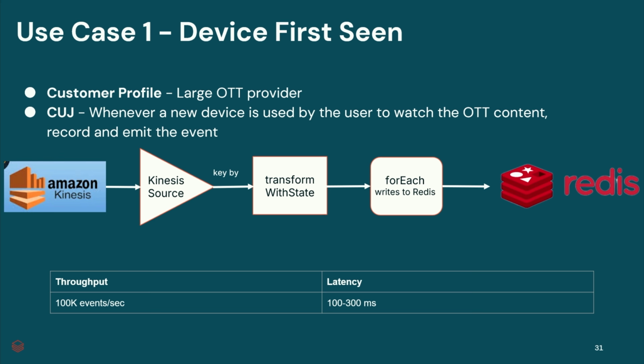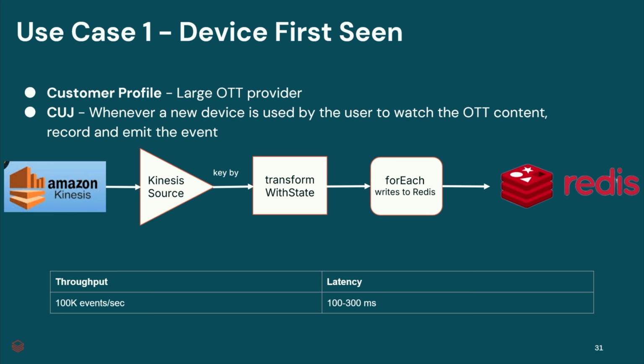The first use case is by an OTT provider. What they want to do is track new devices, a pretty common case. They want to see what is the first device from a user that has come in, and keep track of that.